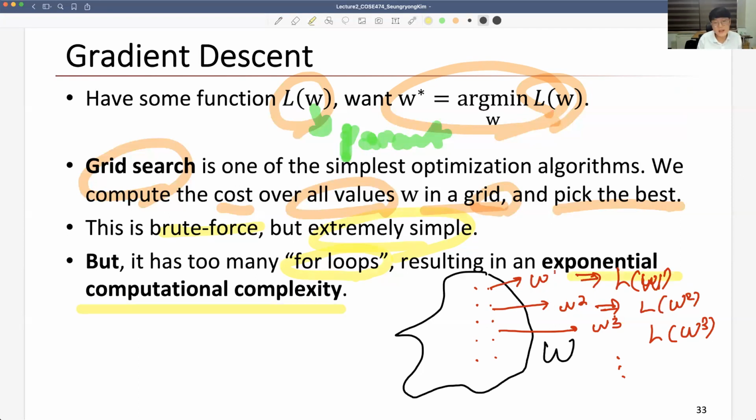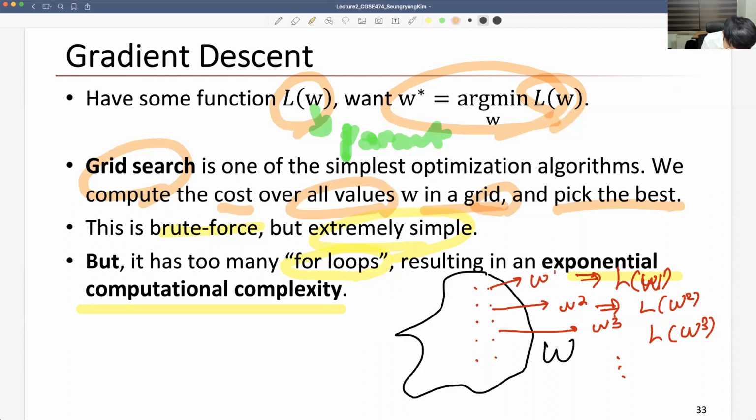So we have to think about a more systematic way to solve this. Because in the real case, the number of parameters will be several million or 10,000 million in the deep learning area, so we cannot use the grid search anymore. We have to think about a more clever way.